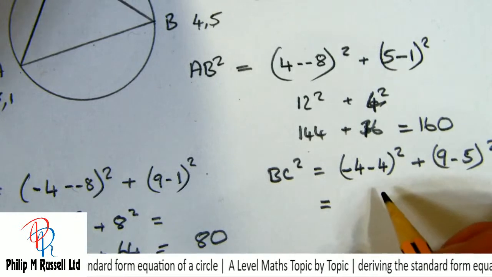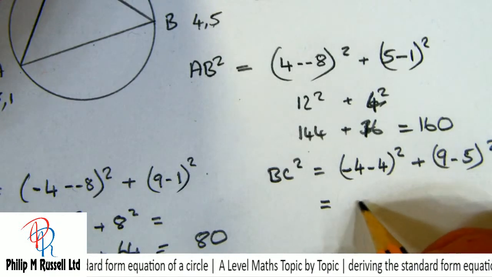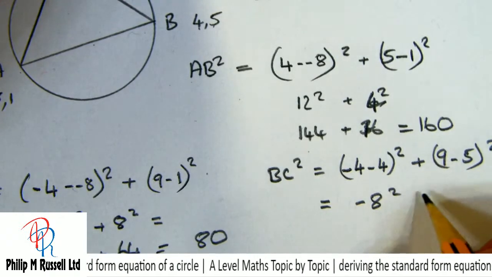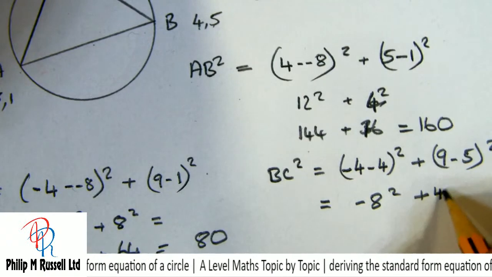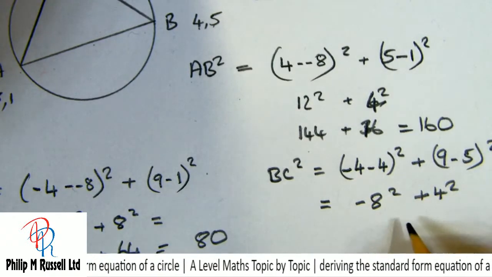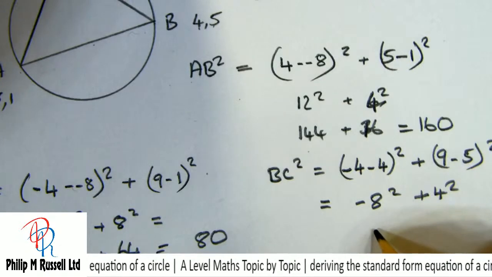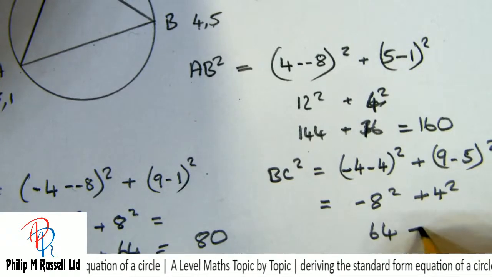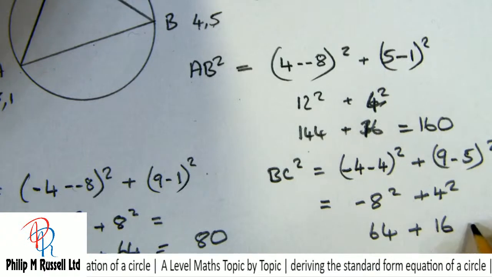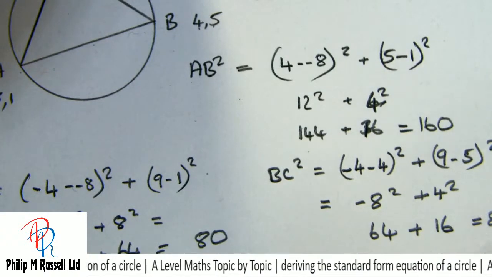That's going to give me minus 8 squared plus 4 squared. That's going to give me again 64 plus 16 gives me 80.